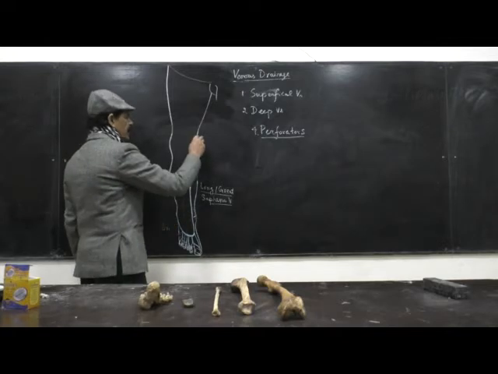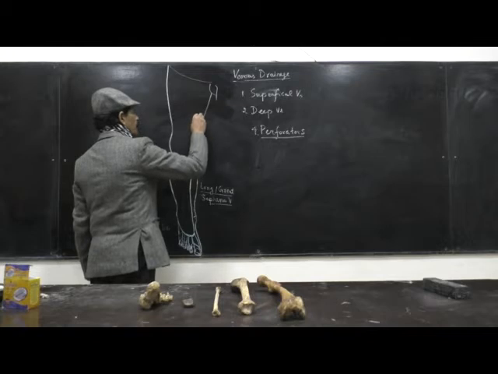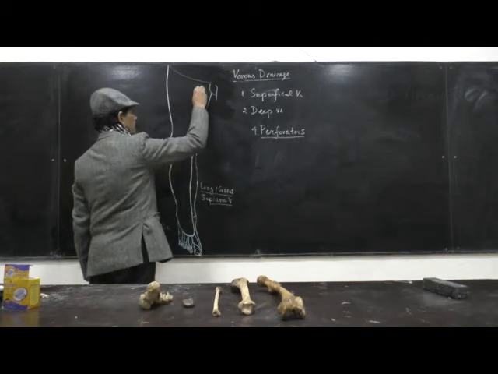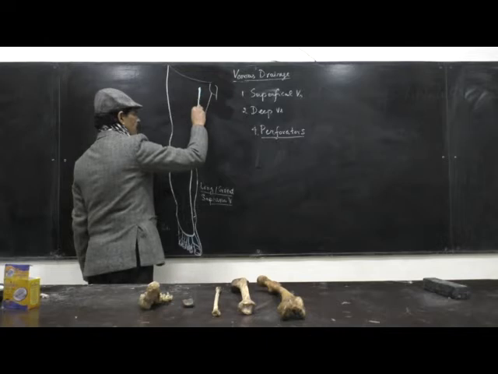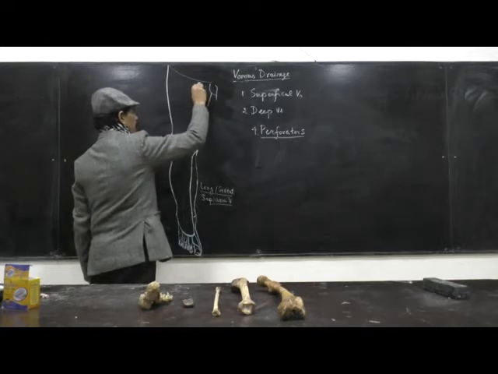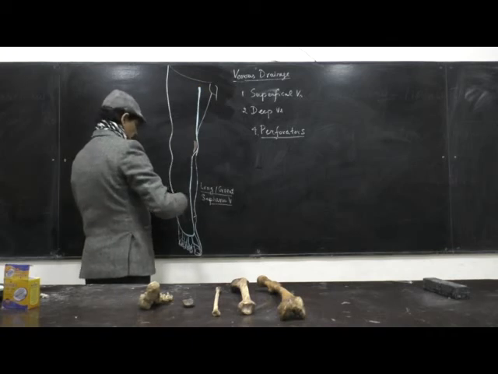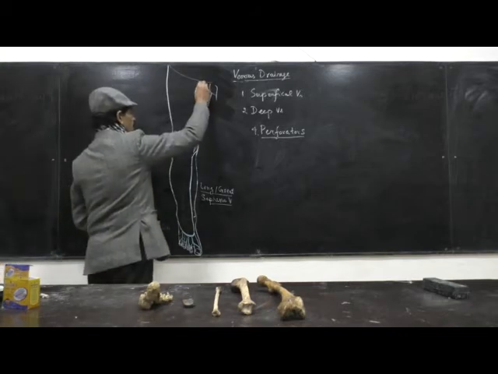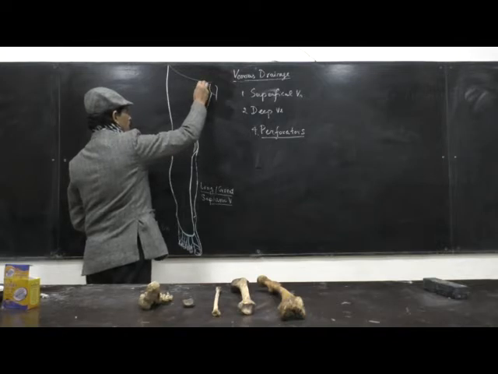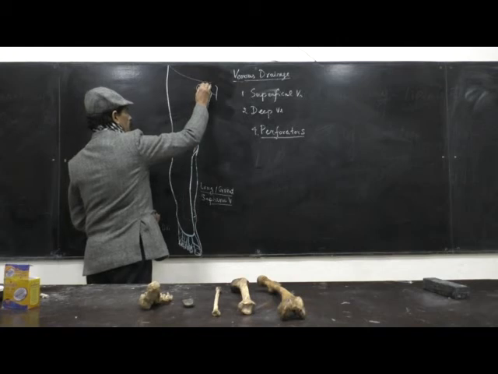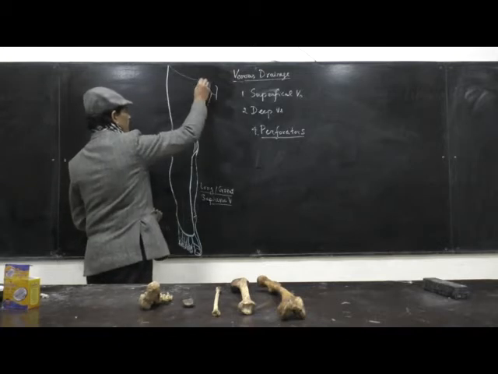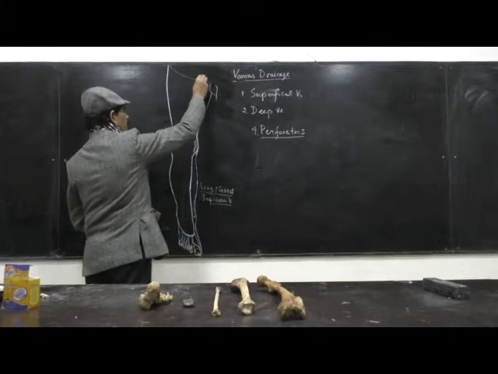When this great saphenous vein comes to the front of the thigh, in the medial aspect, collecting the tributaries from the medial and lateral part of the thigh, it pierces the cribriform fascia, which bridges across the saphenous opening in the deep fascia of the thigh, and it opens into the deep vein, that is the femoral vein.